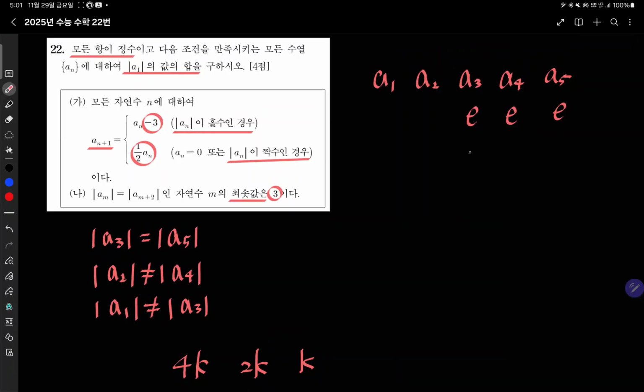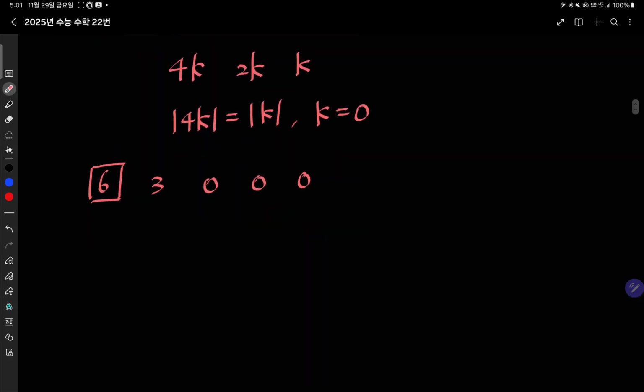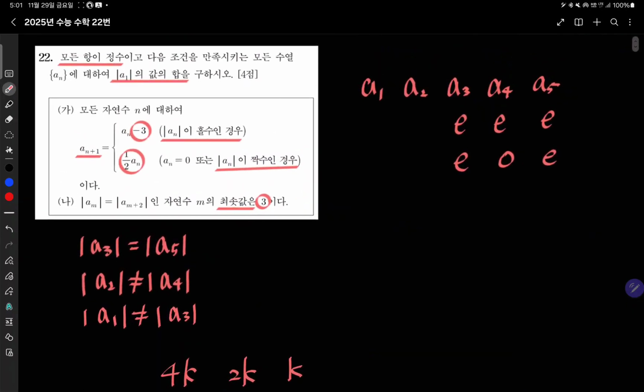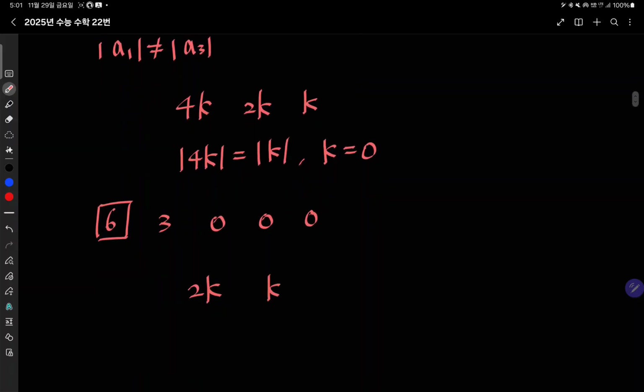So 6 is a possible value for the first term. And the second case is when the fourth term is odd. In this case, the third term is 2k, and the fourth term is k, and because k is odd, the fifth term is k minus 3.